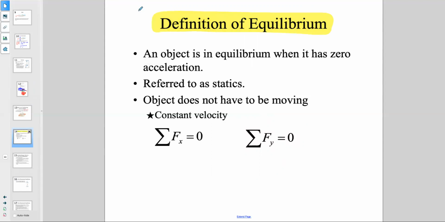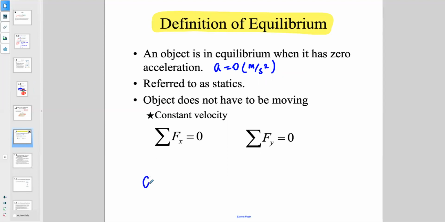Now, an object is in equilibrium when it has zero acceleration, okay? So in other words, if a is 0 meters per second squared, or what we refer to as statics, okay? The object does not have to be stationary; it can have a constant velocity.